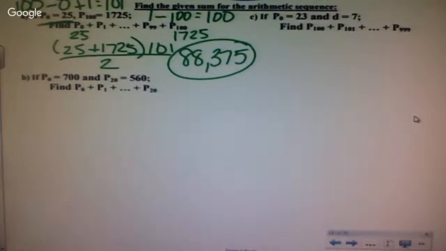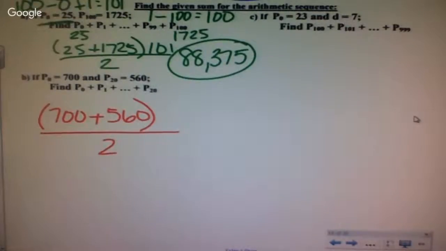So, this one, my first term is P sub 0. Well, that value is 700. Plus, my last term, they want me to add clear up to P sub 20, 560. Okay, again, my last term is in the 20th place, my first term is in the 0 place, plus 1.